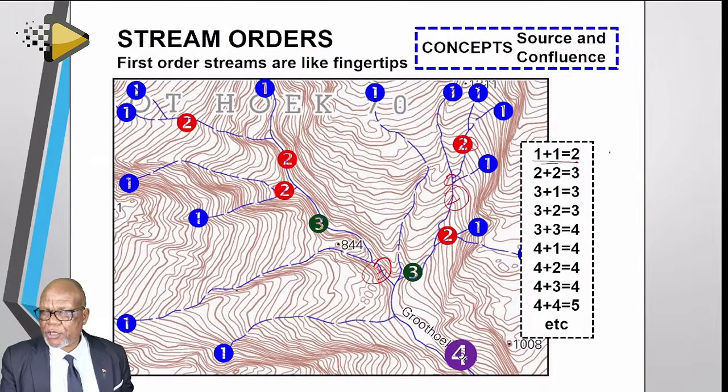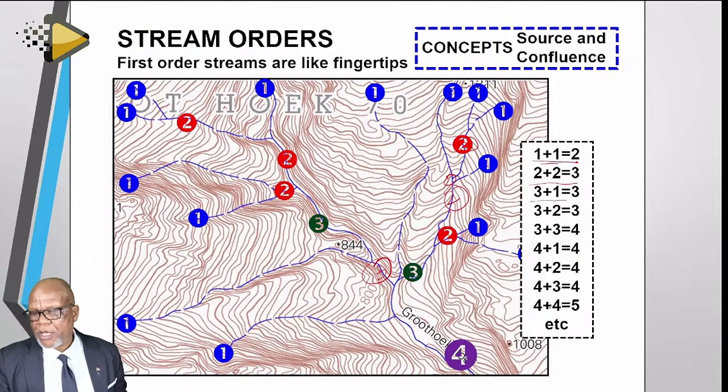If it's 1 and 1, they graduate to 2, and 2 and 2 go to 3. 3 and 1 remains at the highest order. 3 and 2 remains at the highest order, which is 3. 3 and 3, it moves to the next level. It's 4. And then 4 and 3, it remains at 4. And 4 and 4 goes to 5. So it goes like that. 4 and 5 is going to remain at 5, and 5 and 5 is going to move to 6, just like that. So it remains at the highest order. But if they are of the same order, they move to the next level.